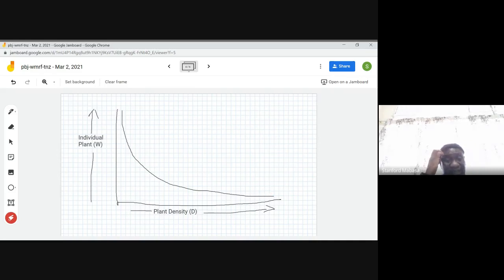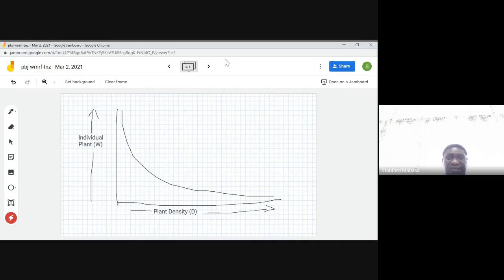We can make this a straight line like this. If we plot 1 over the individual weight, we can get a straight line.